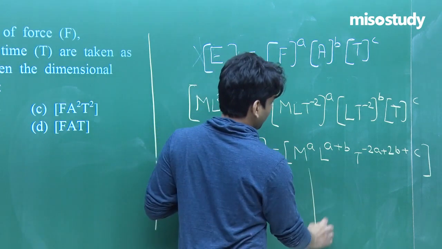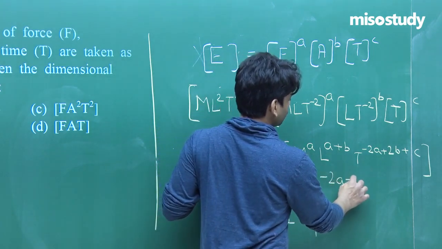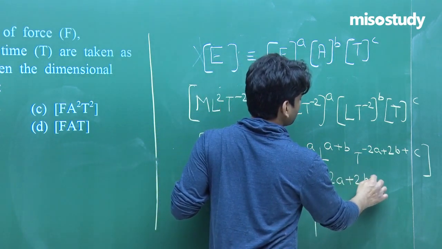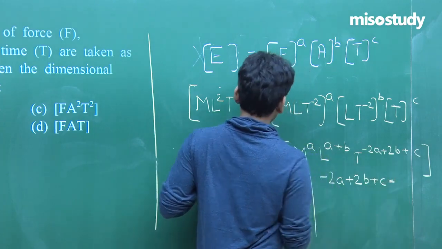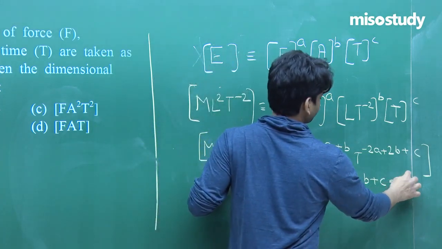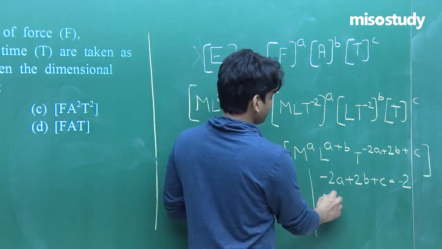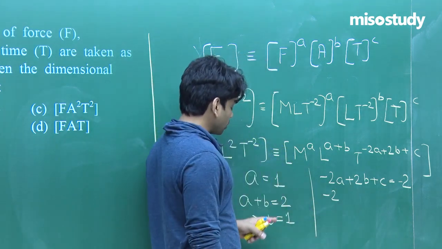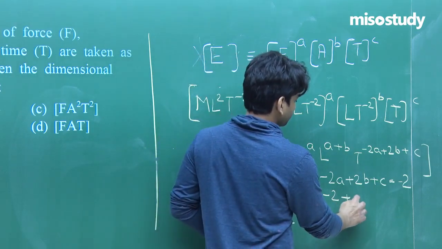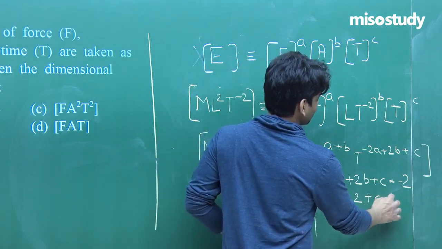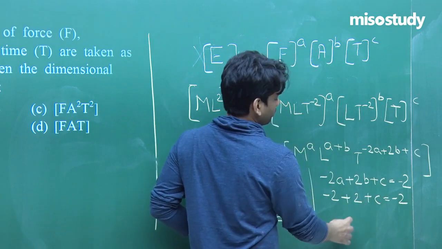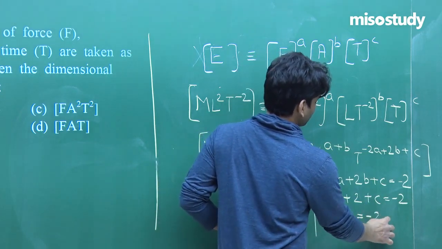For c, we have minus 2a minus 2b plus c is equal to minus 2. Minus 2a, that means minus 2, and minus 2b, that means minus 2, plus c is equal to minus 2. From here we have c is equal to 2.